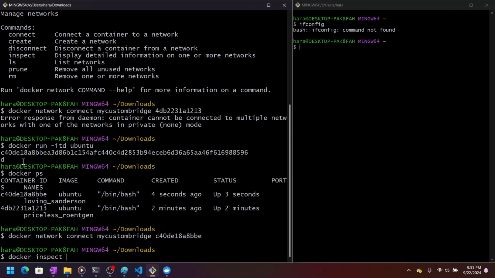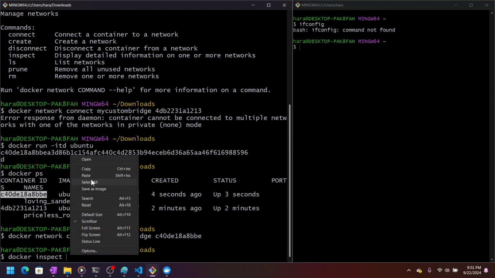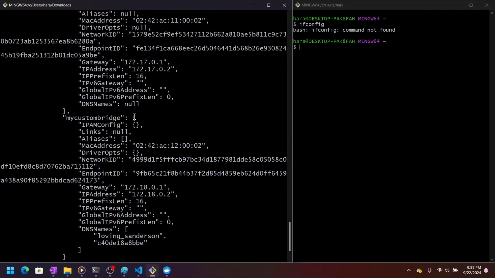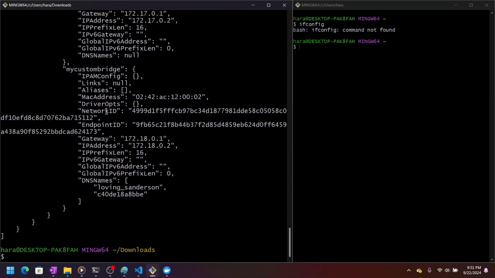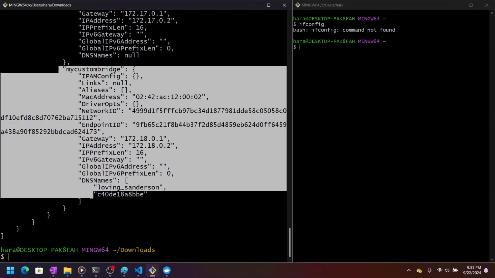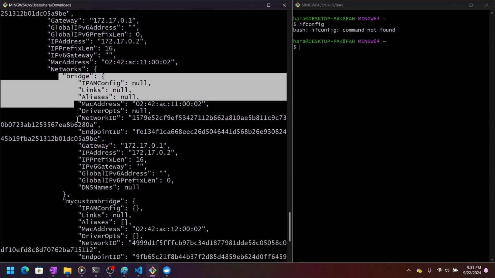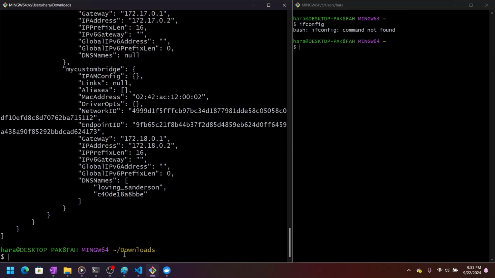It will have docker0 and my custom bridge, both bridges it is connected to. So you can see this is my custom bridge and this is docker0, the bridge network. So it is connected to both the networks.